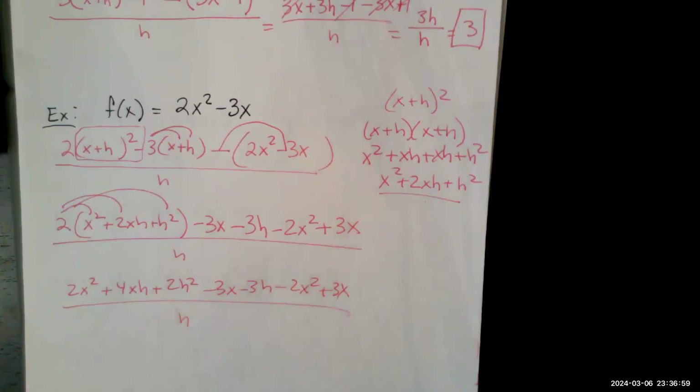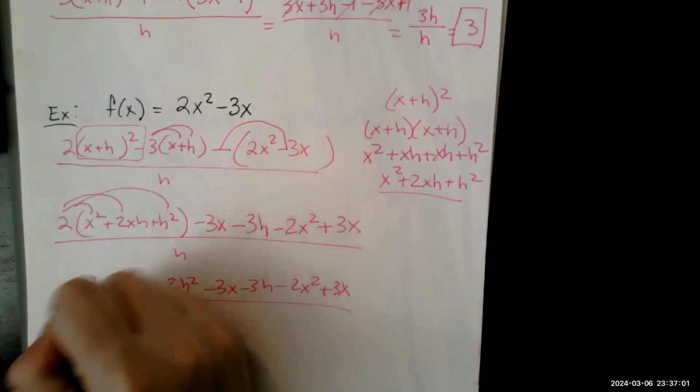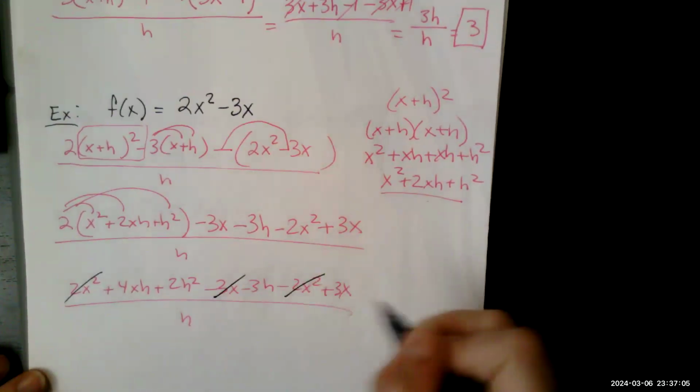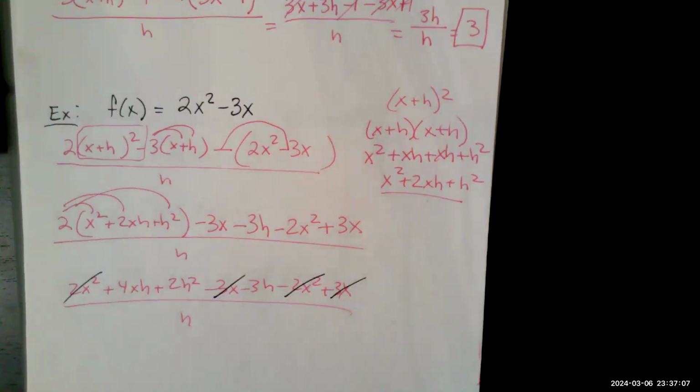And then see what I can combine. I have a 2x squared and a negative 2x squared. I have a negative 3x and a positive 3x. And I think that's it.